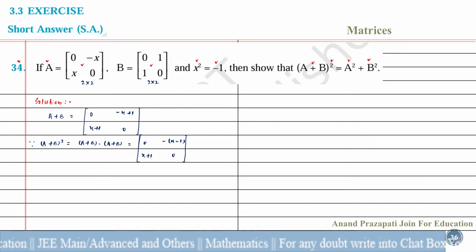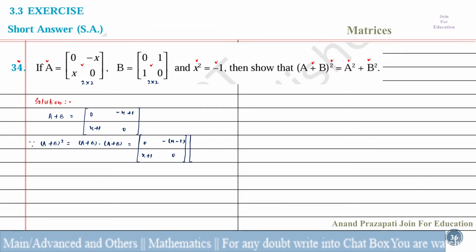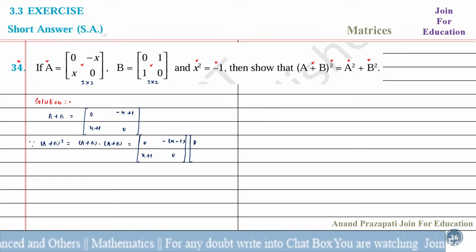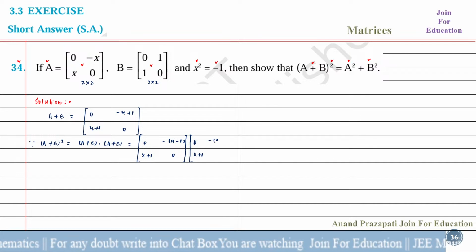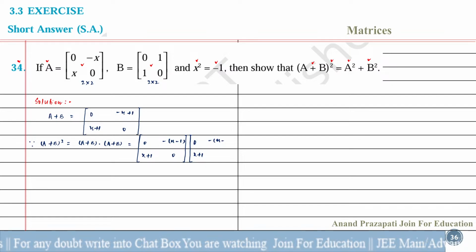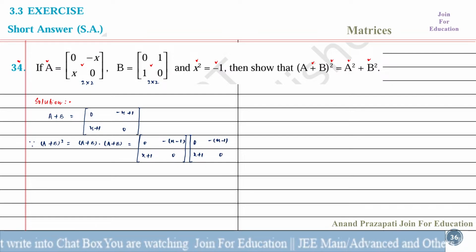Again 0, x plus 1, minus x minus 1, and this is the 0.